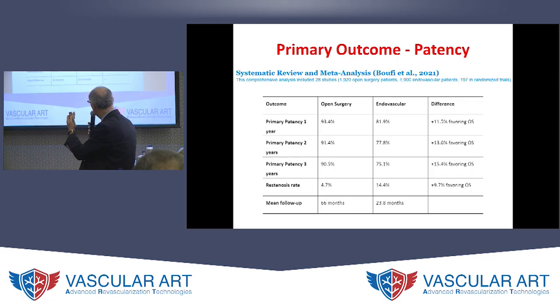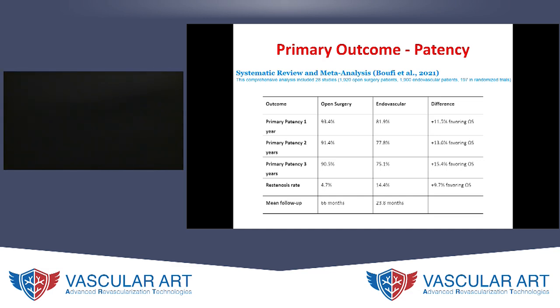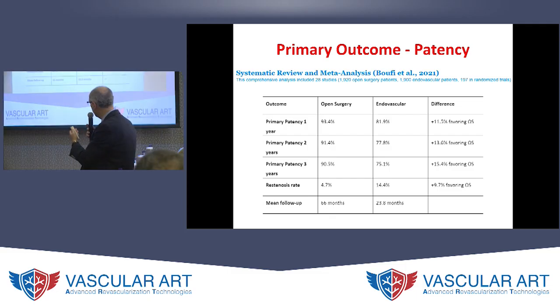Primary patency, we've already touched on that with the CAULIFLOWER study, but this is another. The Bofi et al., when they reported in 2021, it's a meta-analysis that shows that in terms of primary patency and restenosis, open surgery fares better.